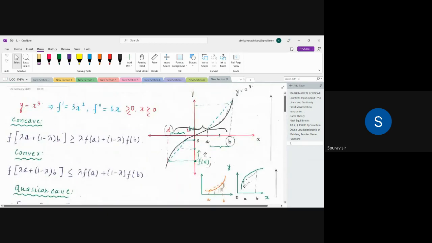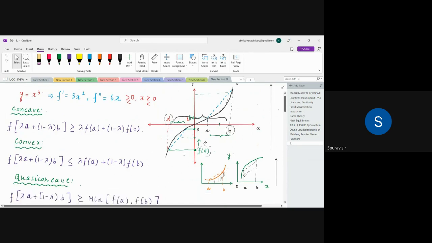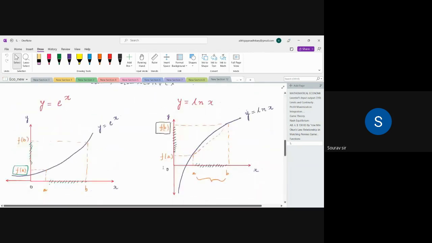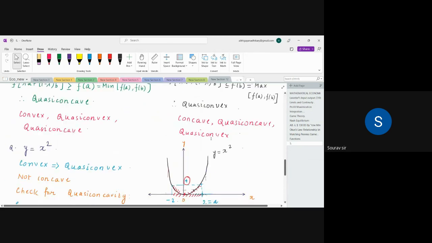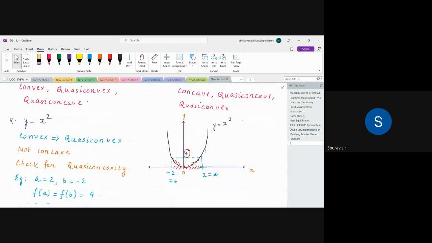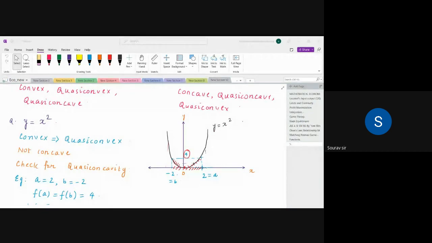X cube, it's always increasing. The first derivative will always be positive. E to the power x, it's always increasing. Log x, it's always increasing. But this parabola that we took is not a monotone function, right? It is decreasing for negative values and it is increasing for positive values. Correct.